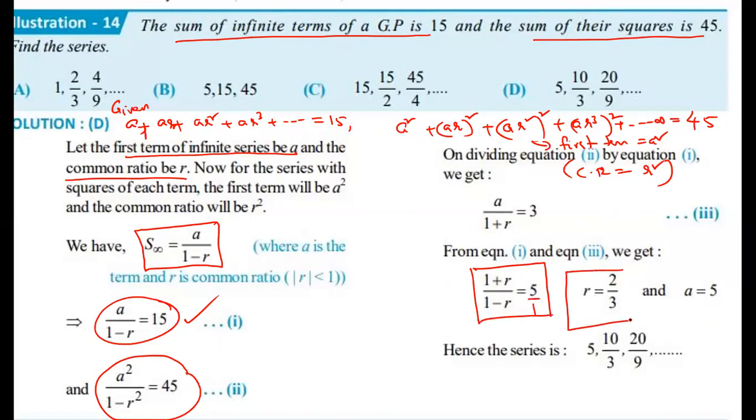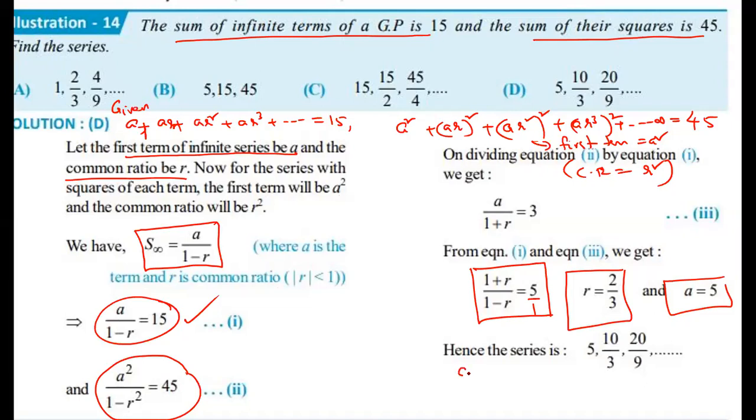R is coming 2 by 3 and A is coming 5. But finally, what is the case here?